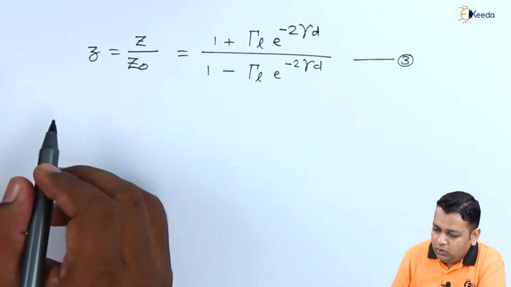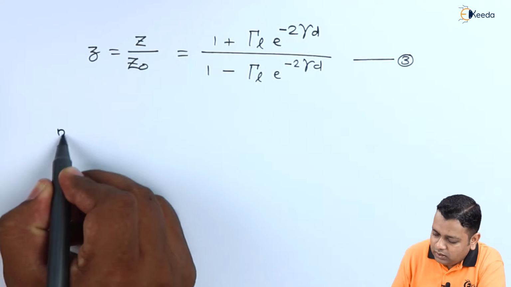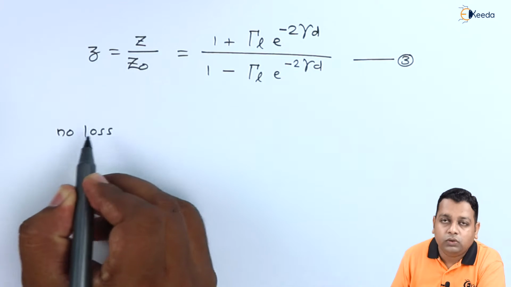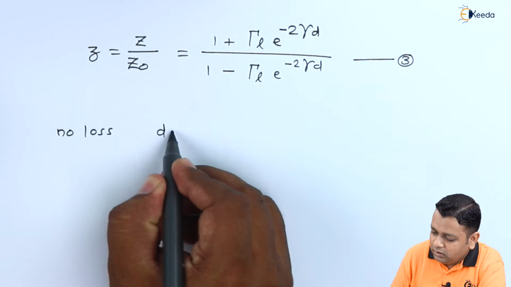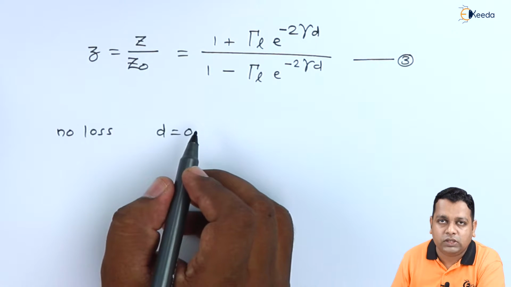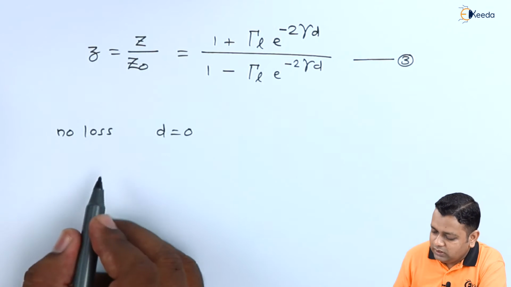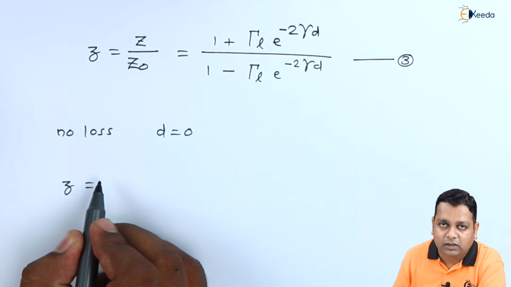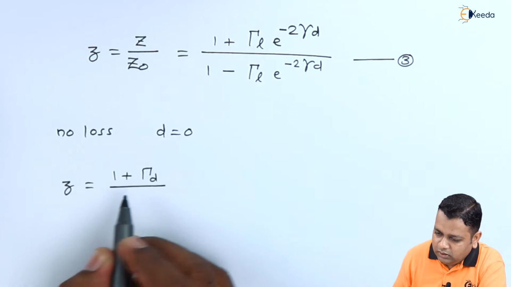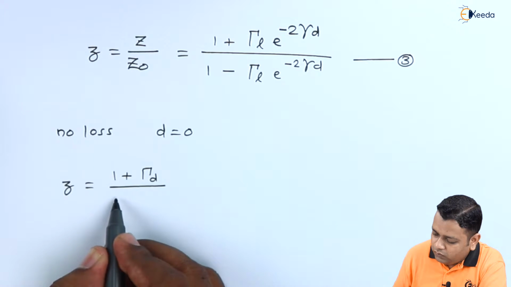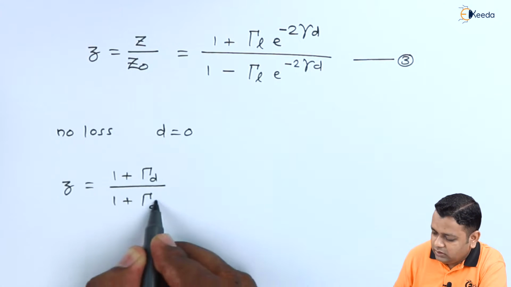In continuation, we expect that there is no loss in the general case, and it is assumed that the d value will be equal to 0. So in that particular case, the normalized impedance small z can be simply expressed as 1 plus gamma suffix d divided by 1 minus gamma suffix d.